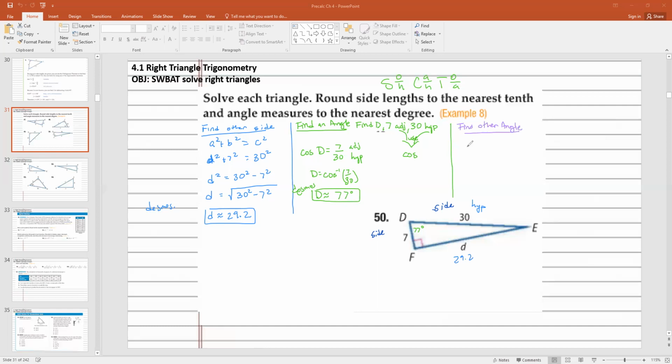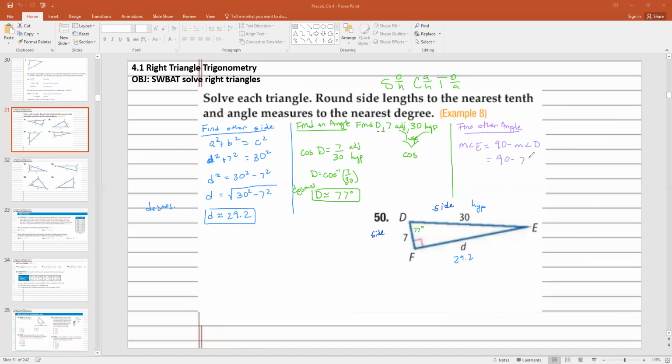So our other angle, measure of angle E, equals 90 minus measure of angle D. All right, don't say measure of angle F because measure of angle F is the right angle. You don't want that. You want the other acute angle. Okay, so 90 minus the other acute angle, which is 77.